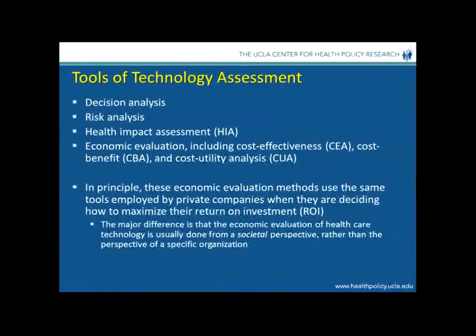But in the U.S., we were advocating health impact assessment as a method for identifying and explicitly attempting to quantify the health consequences of programs that might not be intended to affect health, but might nevertheless have important health consequences.